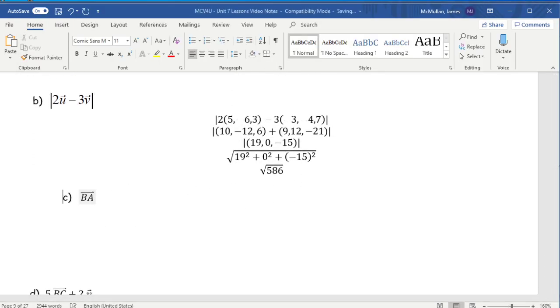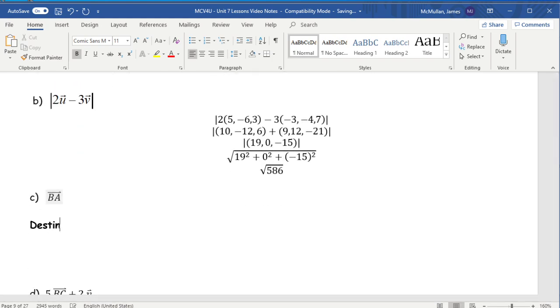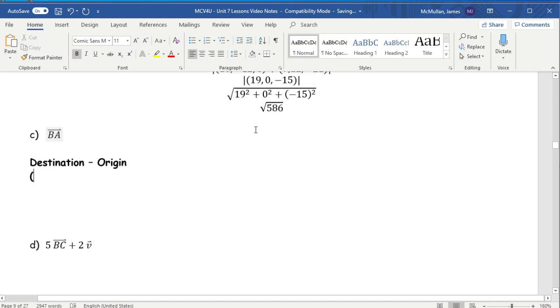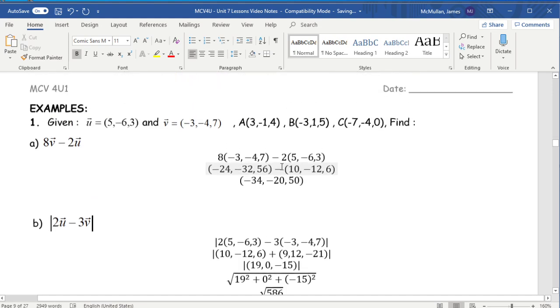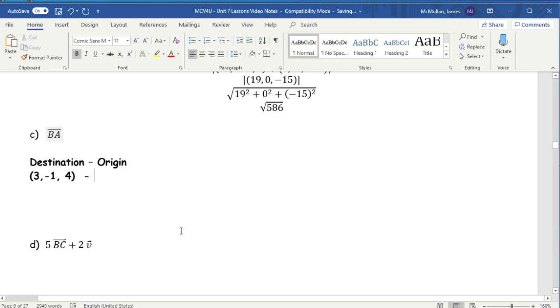Okay, next thing it wants to know is vector BA. Again, this is very easy to do. You do destination minus origin. So let's write the destination. The destination is A, 3, -1, 4. The origin is B, -3, 1, 5.